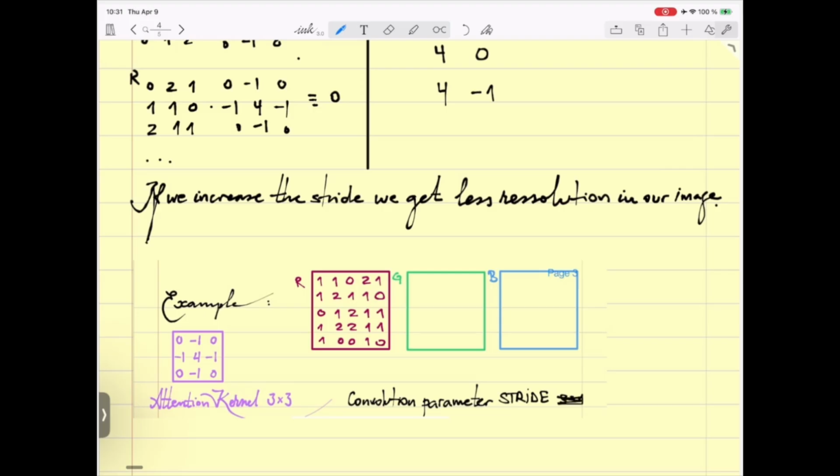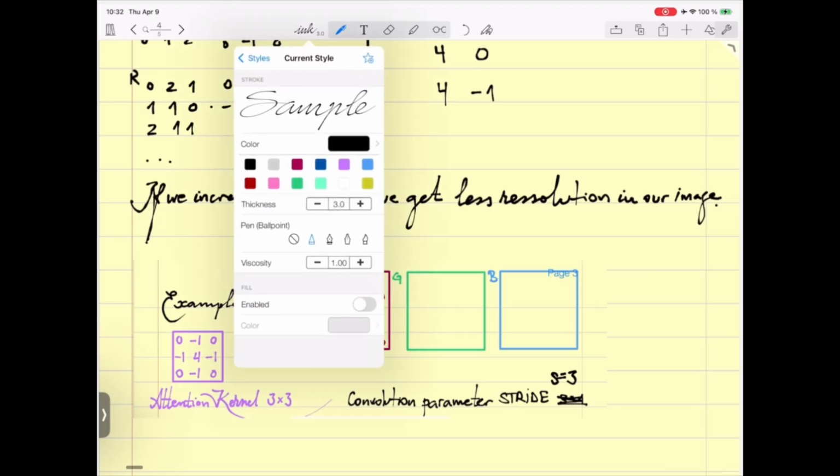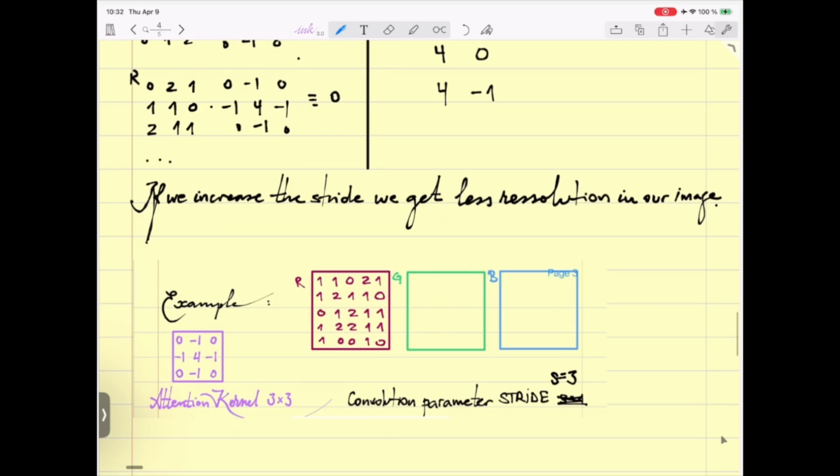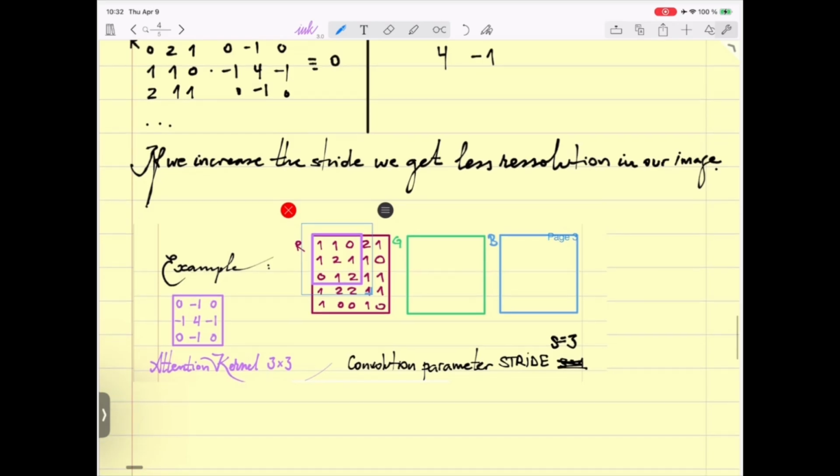Interesting. What would happen there? Well, we would say, yeah, cool, we want to do it faster, so let's take stride 3. Let's see what happens. I would put it there, and then I would try to jump 3 pixels and I'm out of bounds, so I cannot do it.